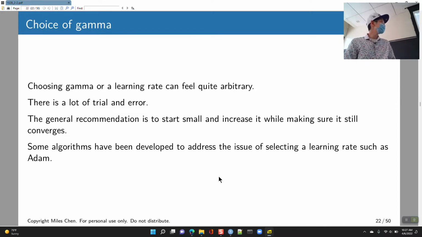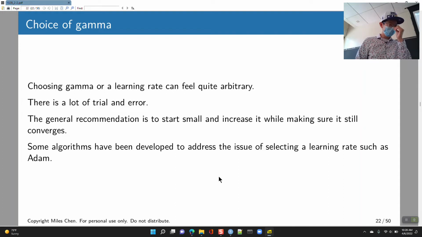There have been some algorithms that try to find a learning rate, or a gamma or a lambda, whatever we want to call this, in a more systematic way. But it's not easy, and it still feels arbitrary at this point. Maybe eventually we'll get there, where we can say this is how we figure out the proper learning rate.